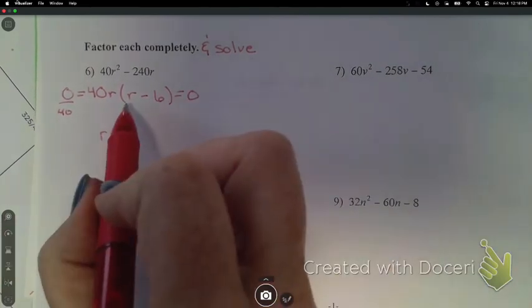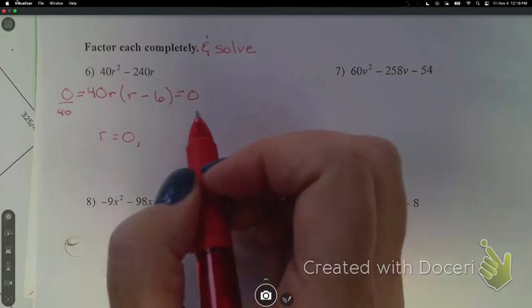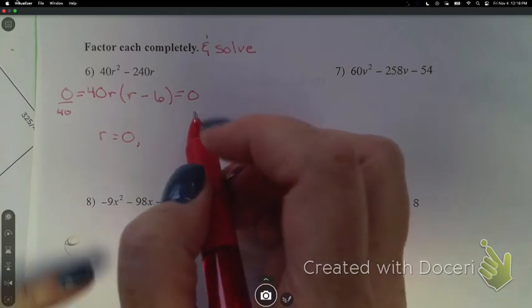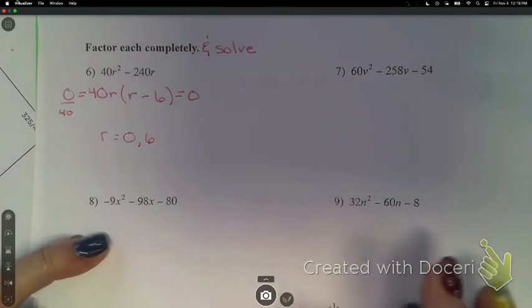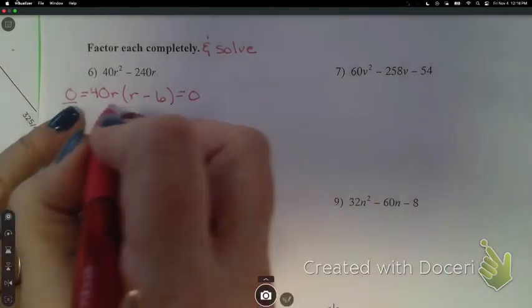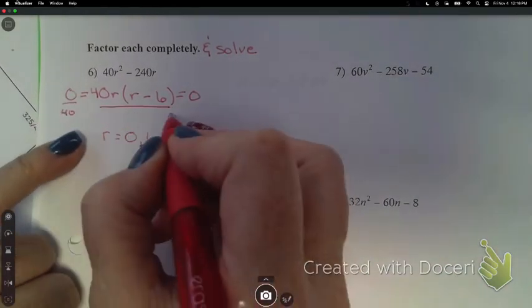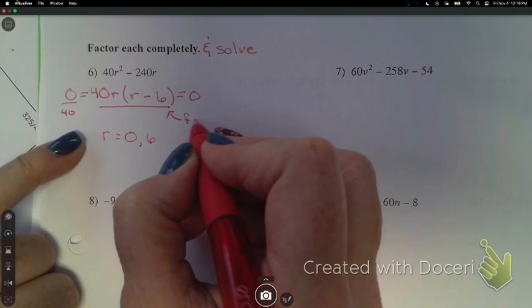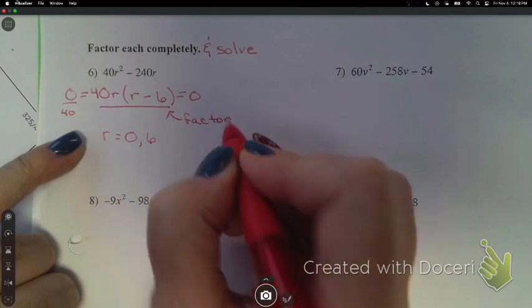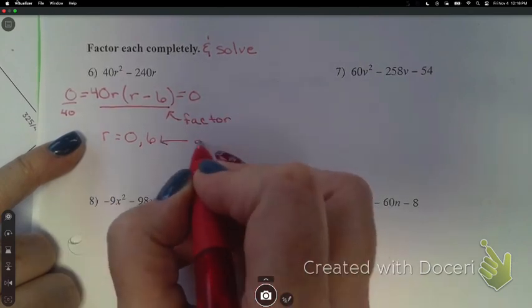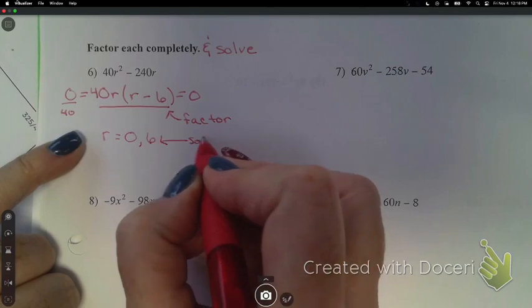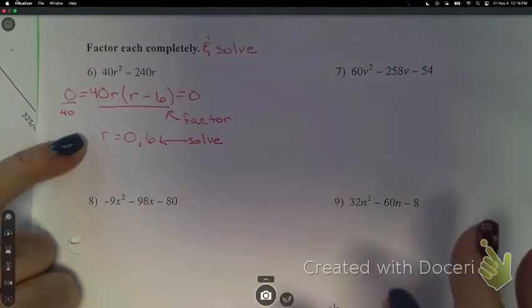And on the right, I have r minus 6 equals 0, so r equals 6. So you are going to factor and solve every problem.